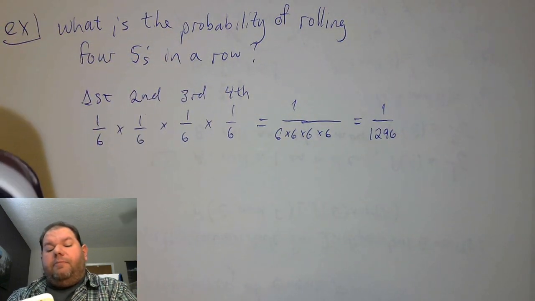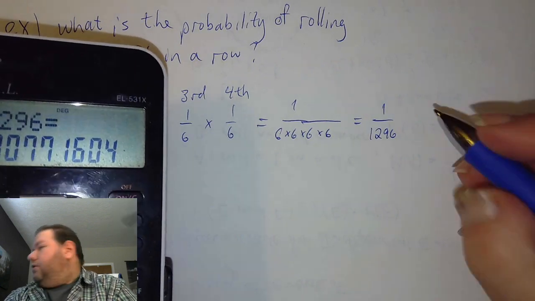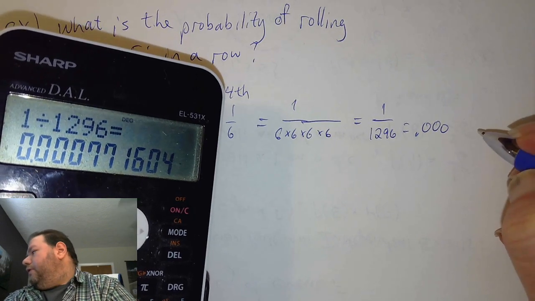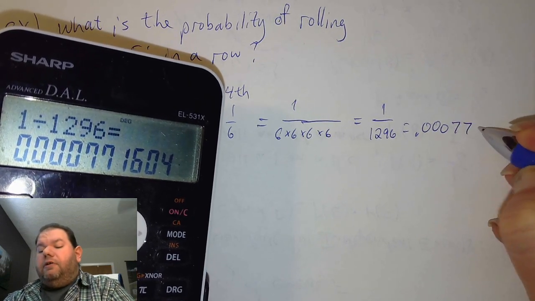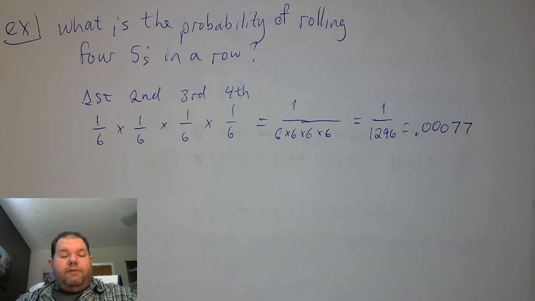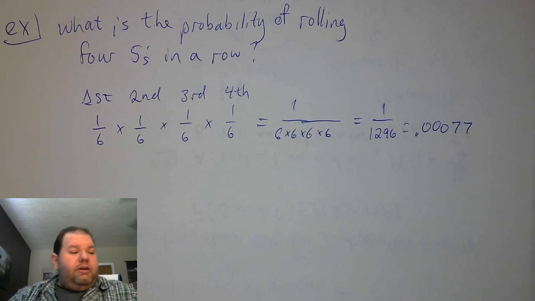And then we'll take 1 divided by 1296. And that is 0.000777. So a very small chance that we would ever actually roll 4 5s in a row. More than likely we see variety there than not. But we are able to calculate that probability using this multiplication rule.